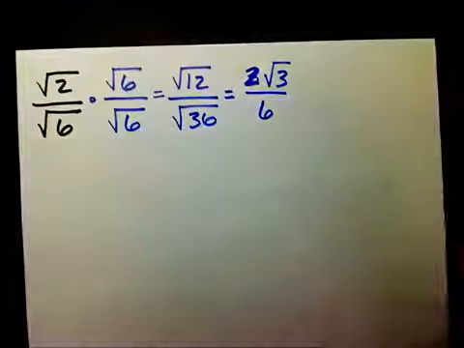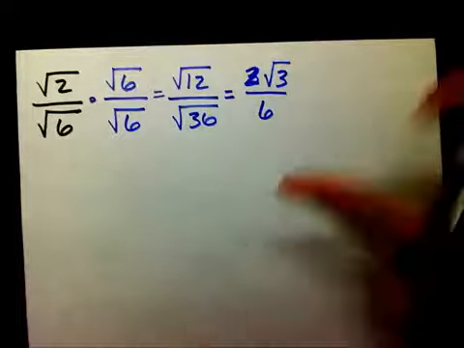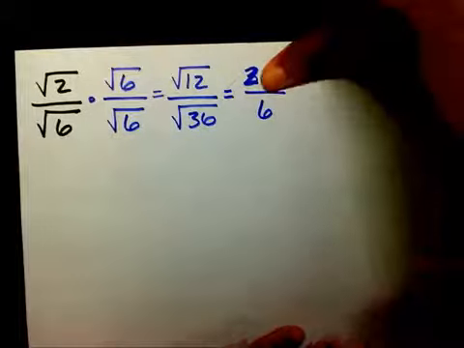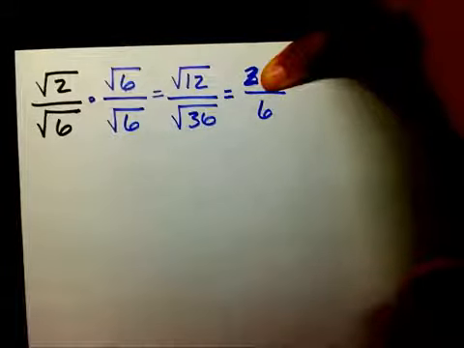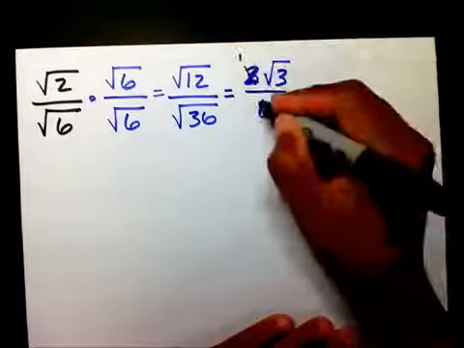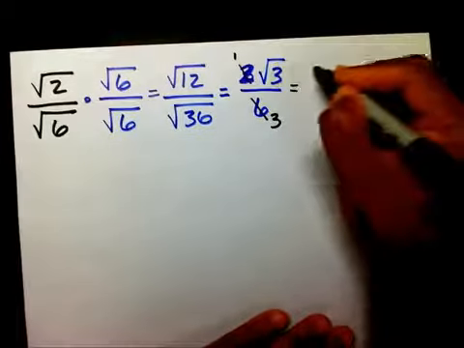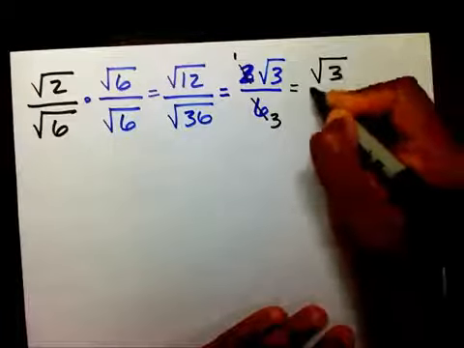Now 2 radical 3 can be simplified. If that radical 3 was not there, we would have 2/6. Well, what factor will go into both 2 and 6? 2. 2 will go into 2 one time, and 2 will go into 6 3 times. So therefore, our final answer is going to be radical 3 over 3.